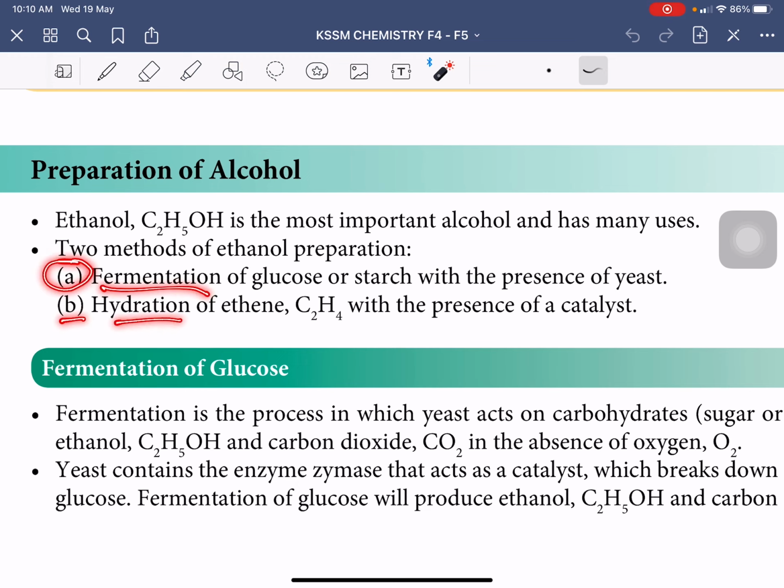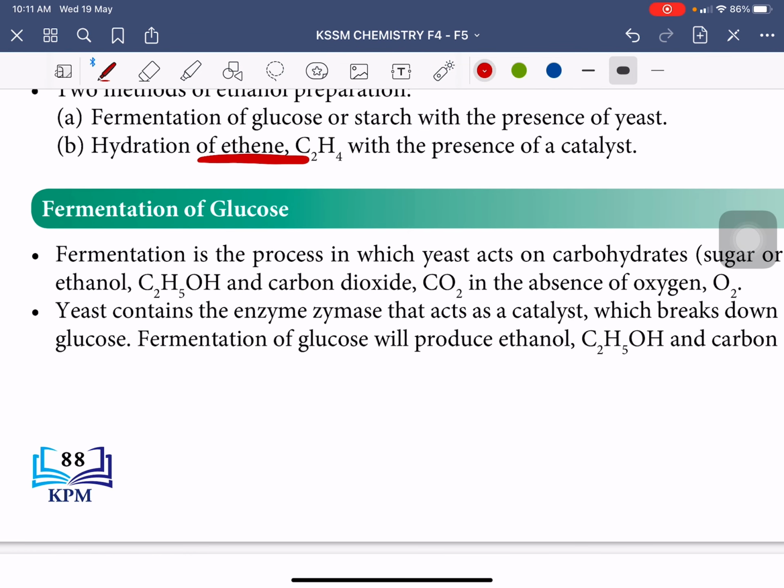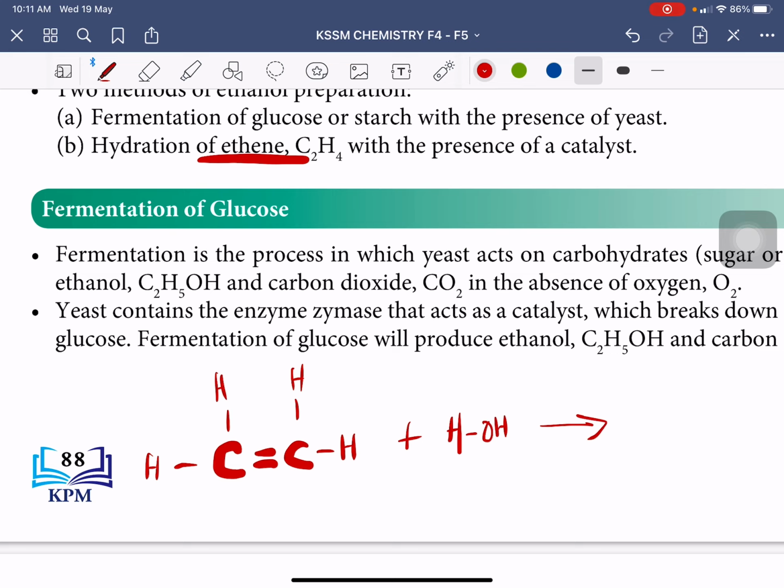B is hydration. Hydration of ethene with the presence of a catalyst. We have learned this in the previous chapter about ethene. I hope you still remember that when we add water to ethene, I draw ethene for you first. C, double bond C, and then we have H. This is ethene. When we add water to it, we break the double bond.